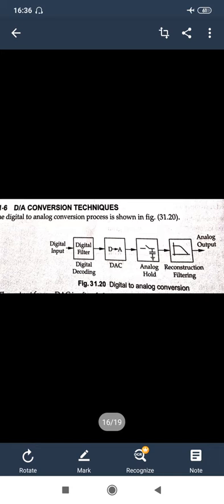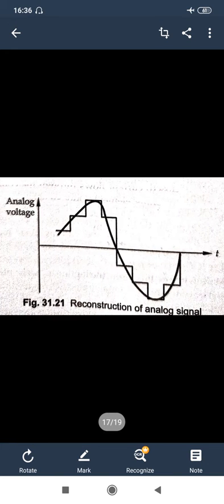The digital input goes through the digital decoding process to the digital filter, then to the D to A converter, then we use the analog sample and hold circuit, and finally we reconstruct the signal and generate the analog output. The diagram shows how we can reconstruct the original signal from digital to analog.